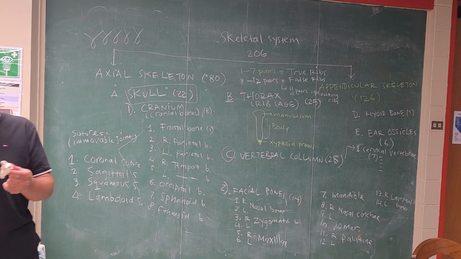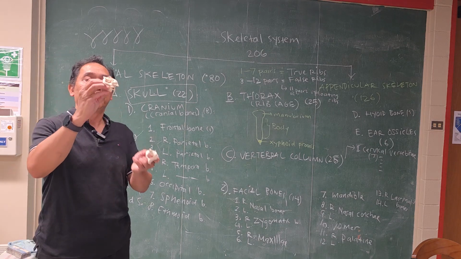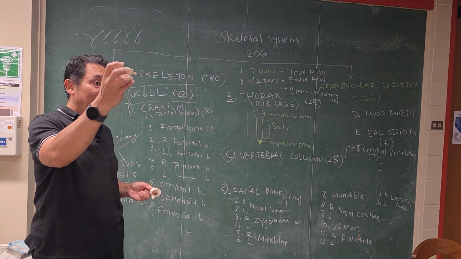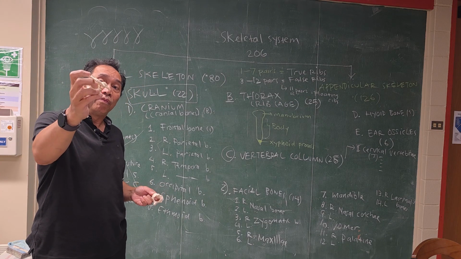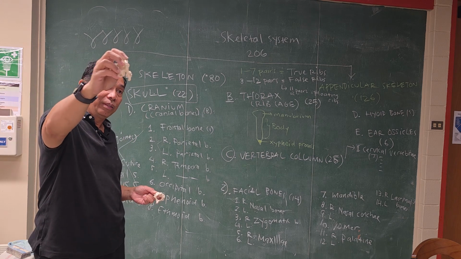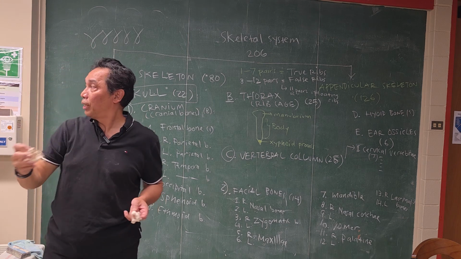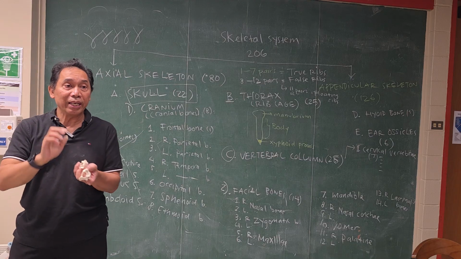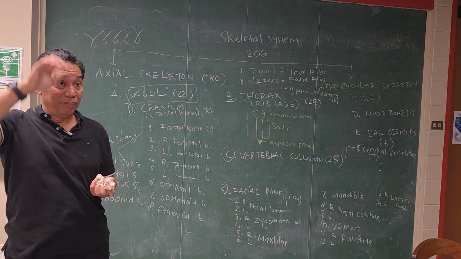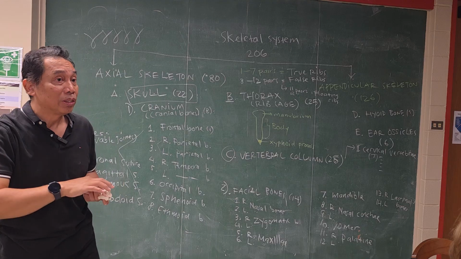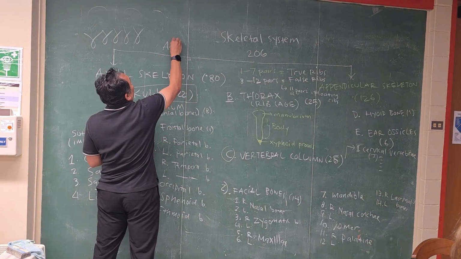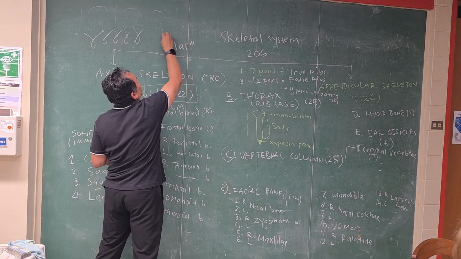Okay. I have this. They're very flat actually. It's a very flat vertebrae. It's not that big. Vertebra number 1 over here, which is on the top, is the one holding the skull, holding the globe. So in Greek language, we have this atlas.